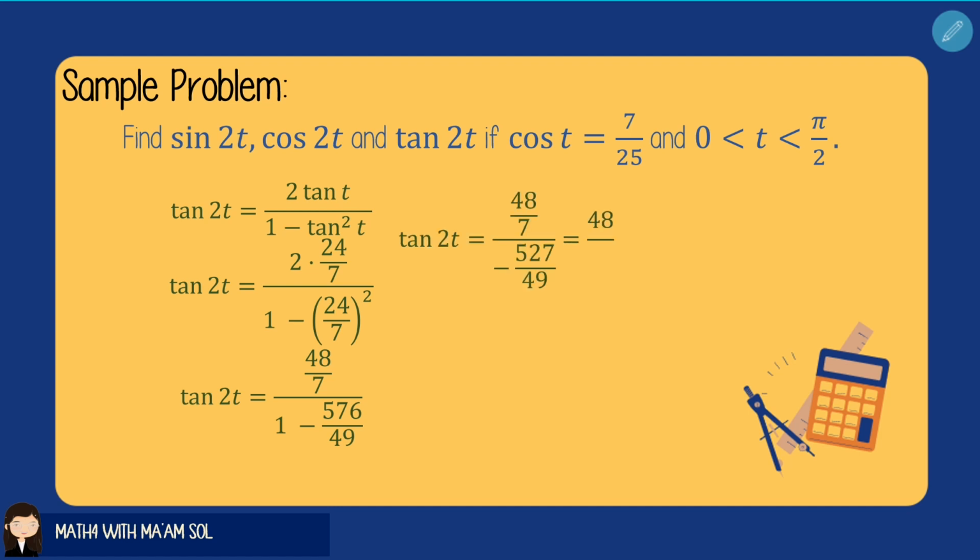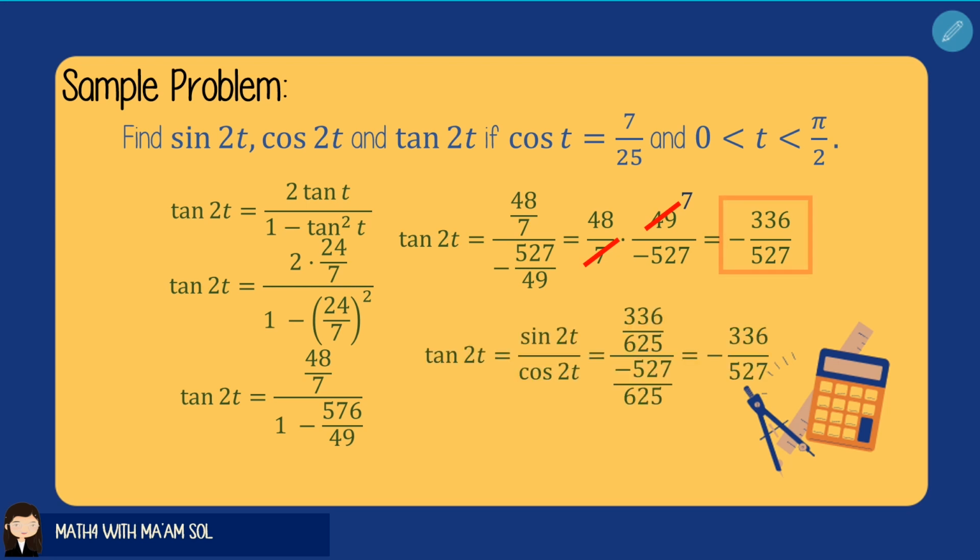Simplifying further, we get tangent 2t is equal to 48 over 7 all over negative 527 over 49. And then we get the reciprocal of that and multiply with the fraction in the numerator. So we get 48 over 7 times 49 over negative 527. We simplify 49 and 7 and we get only 7 in the numerator. So you have 48 times 7 is 336. And of course, we have negative 527 times 1, so we get negative 336 over 527.